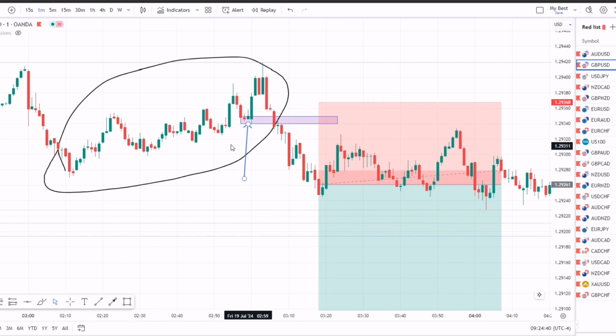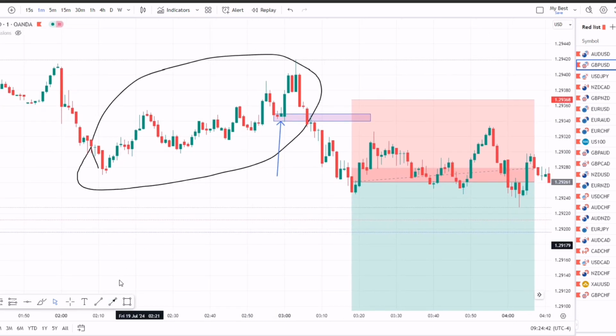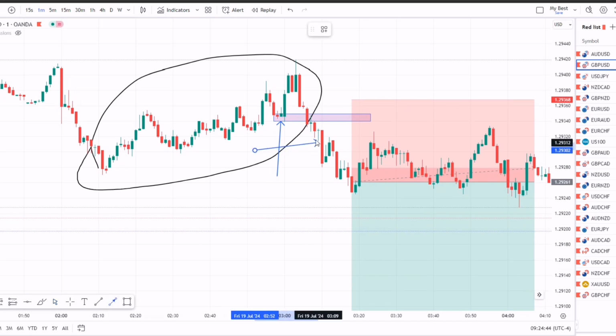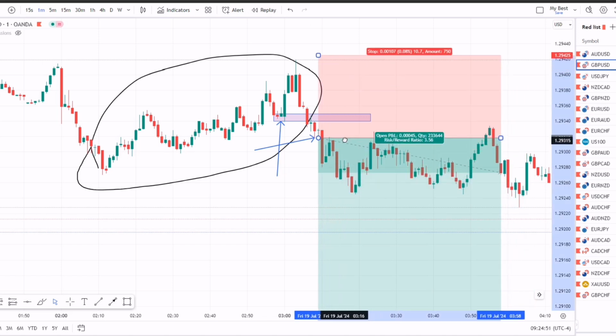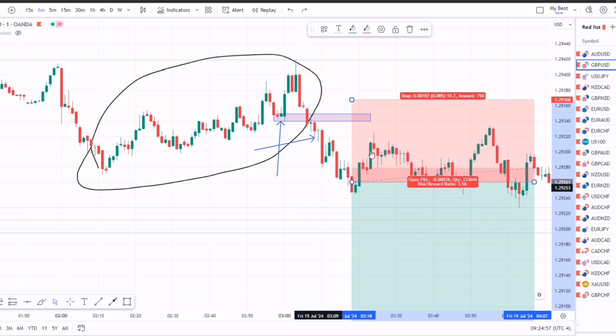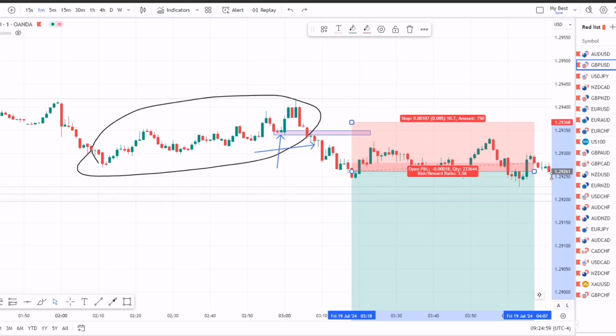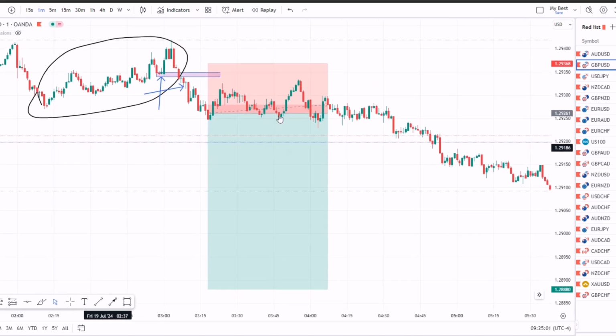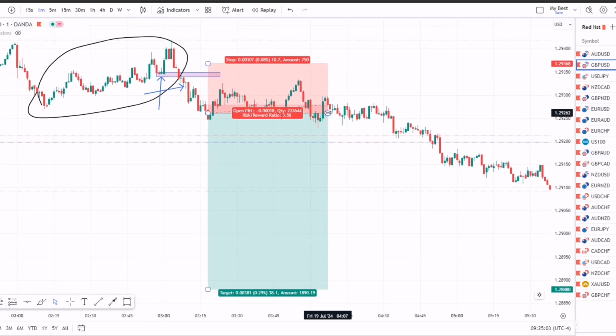Otherwise, I would have placed that sell trade somewhere there, where price closed below in a full candle. But I saw it late, so I entered there, and then you just leave price to do the rest.